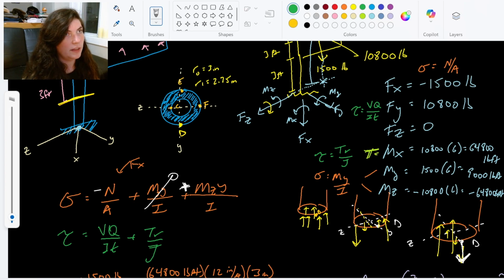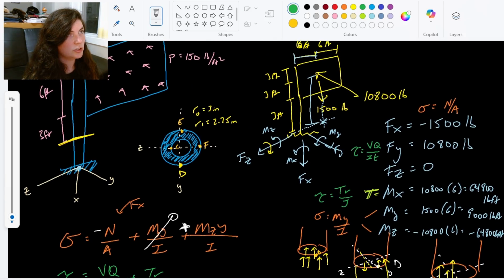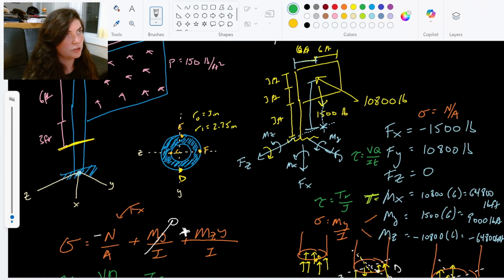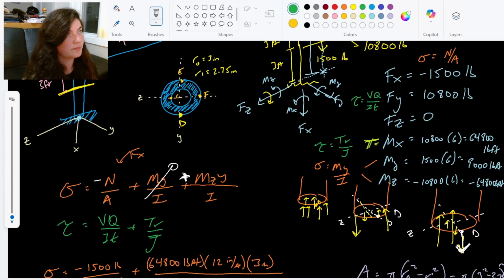So let's see, we have a torsion and we have a shear stress. Let's go ahead and look at this Fy transverse shear first. All right, so VQ over IT. If we remember, anytime we're looking at transverse shear, it is 0 on the edges, gets larger as we get towards the centroid, and then smaller until there's no shear stress at the edge, which our point D here is at the edge, right?